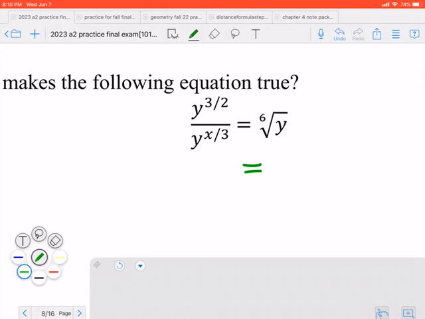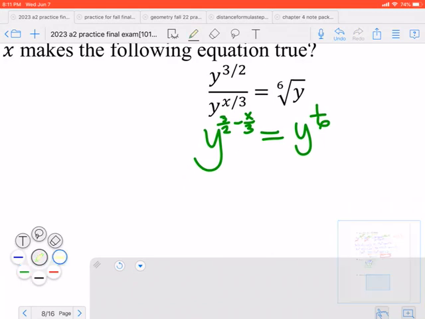The sixth root of y to the 1 would be y to the 1/6. And then on the left-hand side over here, if we're dividing the bases, we can subtract the exponent. So I could simplify that left-hand side, and that would be y to the 3/2 minus x over 3. So you can see it a little bit better now.